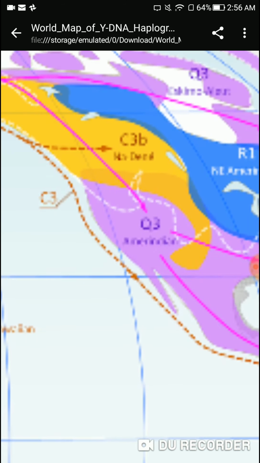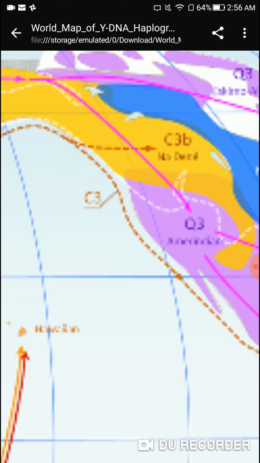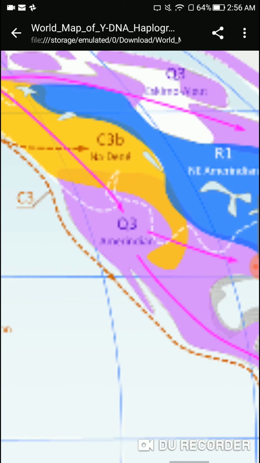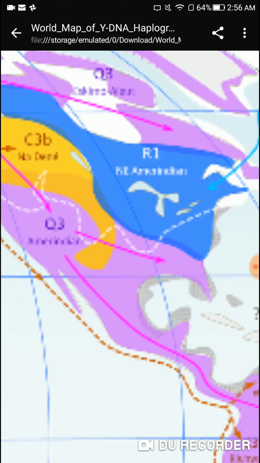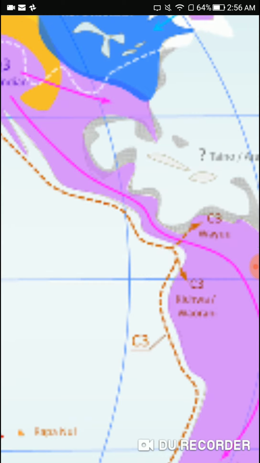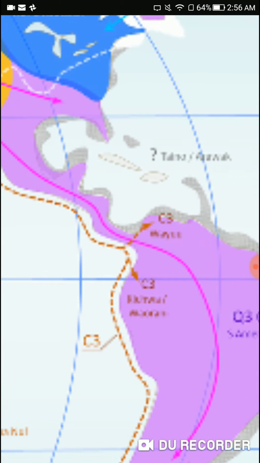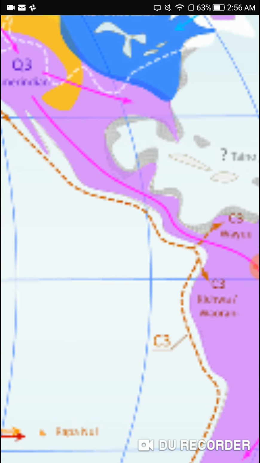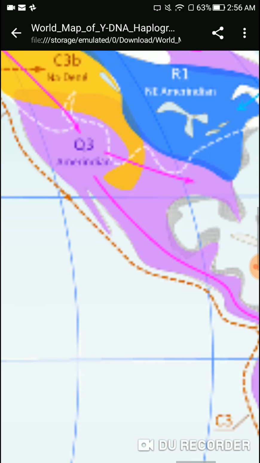The Q3 people would be your Japhetic Asian groups of people. The R1 grouping would be your Japhetic Caucasian groups of people. Your C3 grouping would be stretched along the western coast of the Americas.